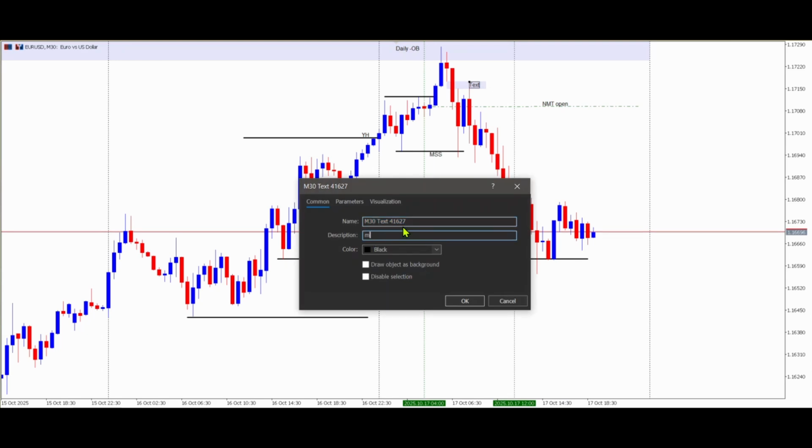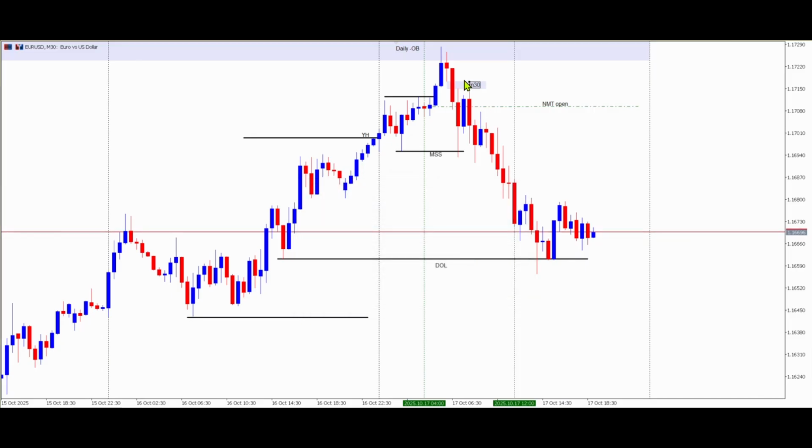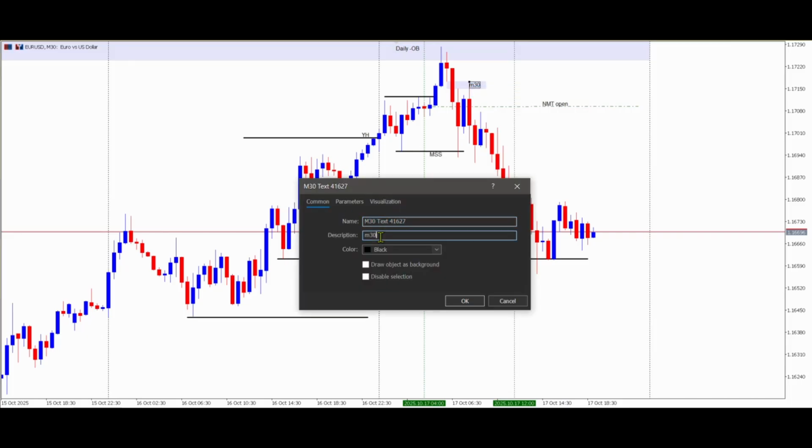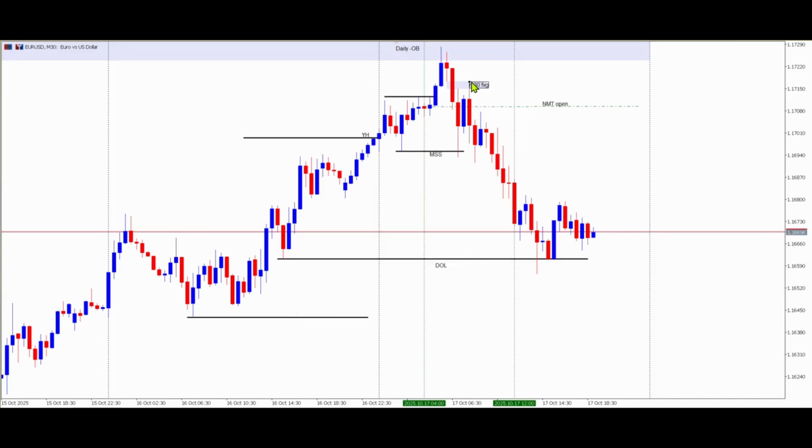So we've got our M30 fair value gap. The fair value gap actually confirms that indeed bearish order flow is in place. Okay, it is actually active. Smart money is going down now.